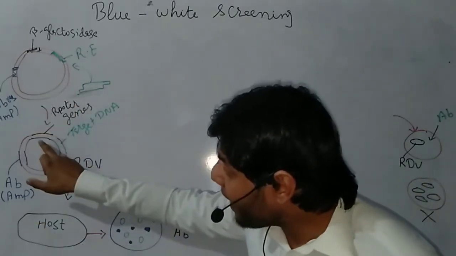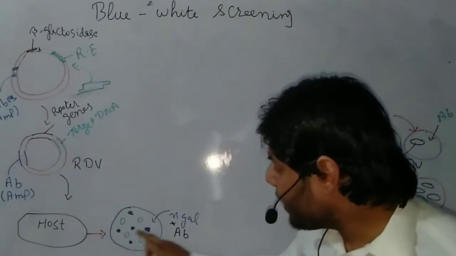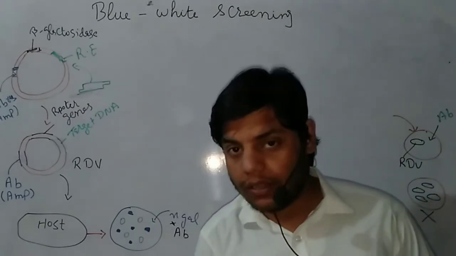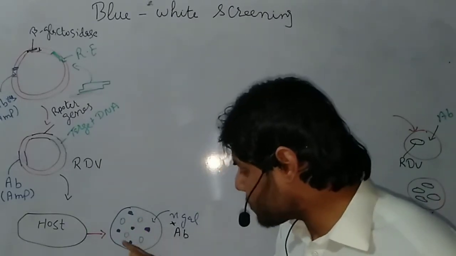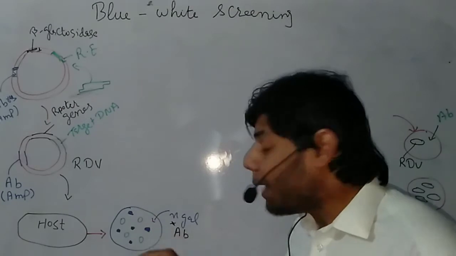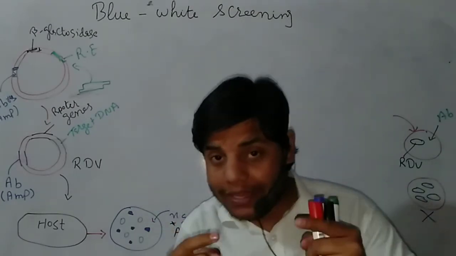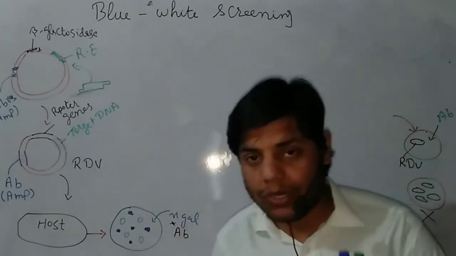Now remember, when the enzyme is inactivated, then there is no beta galactosidase production. If there is no beta galactosidase production in the plate, there is no enzyme which can bind with the substrate. This X-gal is actually a substrate.